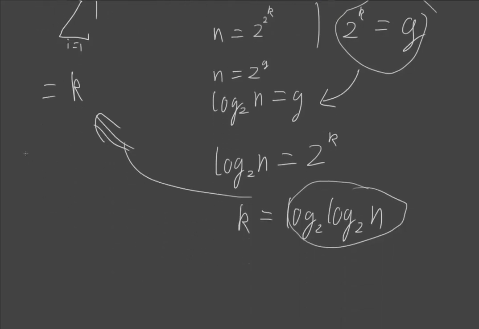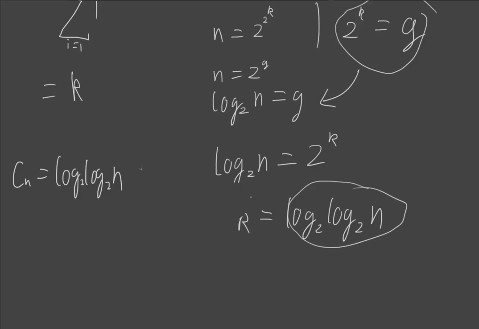Then our answer is that the cost of n is equal to log base 2 of log base 2 n, which, if I just clear a little space here, I can write belongs to theta of log log n.